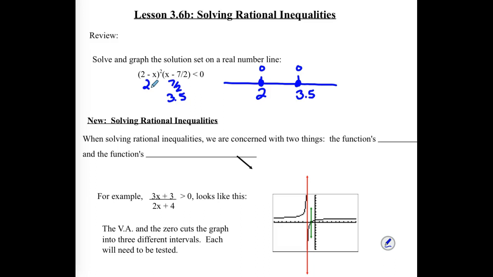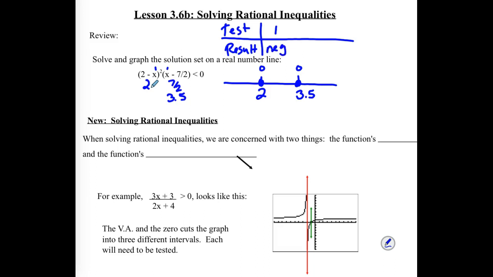So if we tested, say, a 1, if we put a 1 in here, do we end up with something that's positive or negative? Putting 1 in the first one, 2 minus 1 is 1, 1 squared is 1, times by 1 isn't going to do anything. In the second factor, 1 minus 3.5 would be negative 2.5. So we're going to get a negative number.